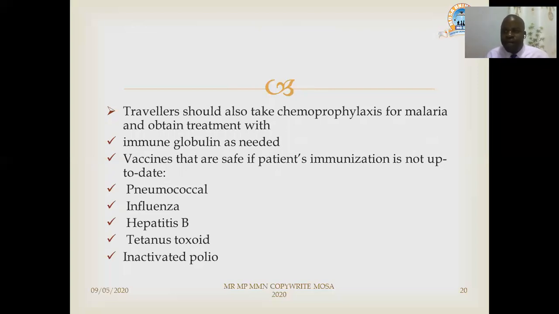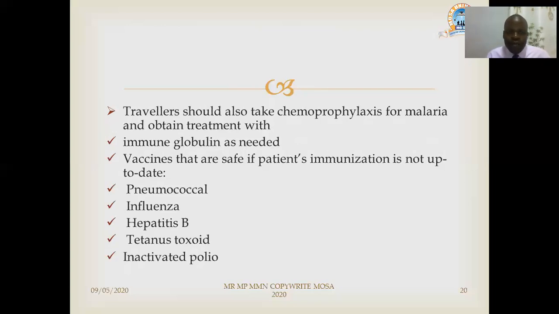If you know the place where you're going is a malaria-infested place, you need to take it in advance so that you prevent yourself from developing malaria. You just need to visit them and they'll advise you what kind of medication you're supposed to take in relation to the region where you are going.